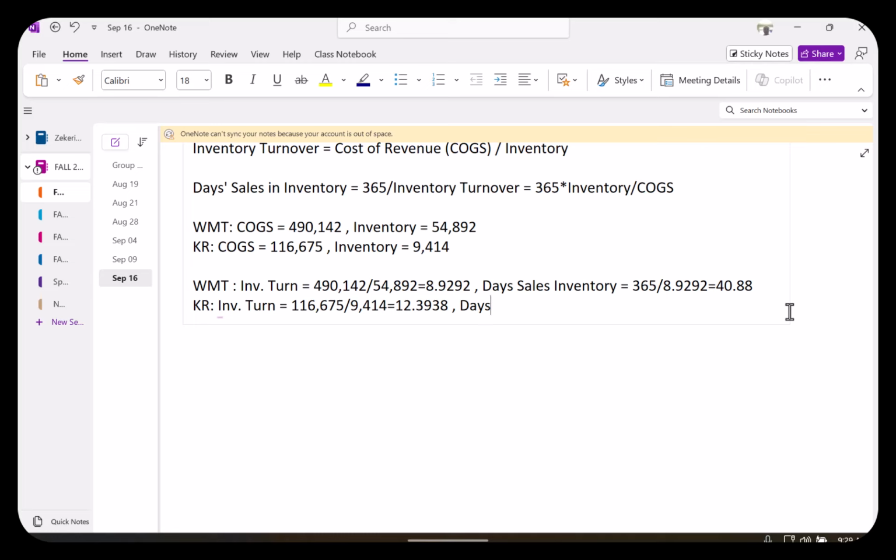That immediately implies that days sales in inventory is lower, or products spend less time on Kroger shelves compared to Walmart shelves. So it takes about 30 days for product to clear out from Kroger shelves.